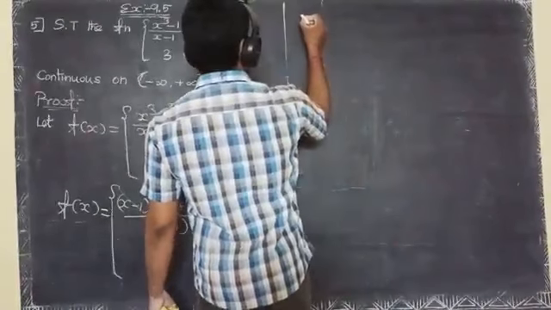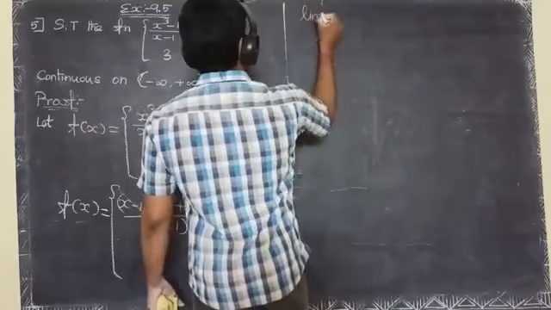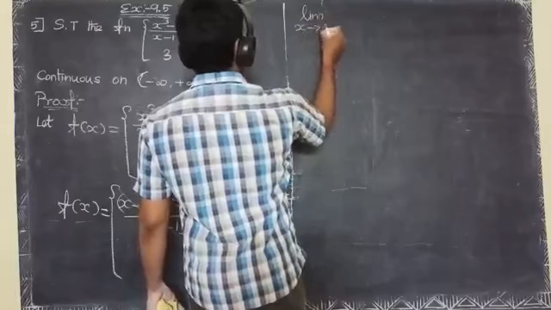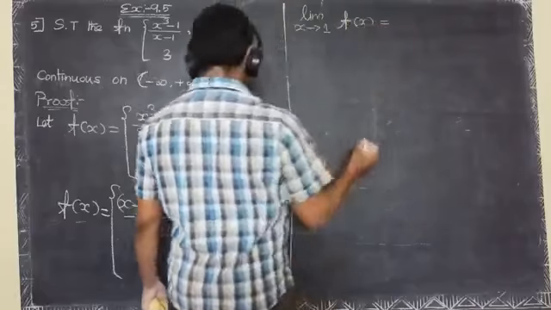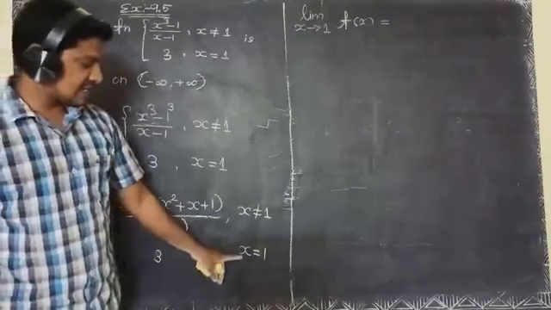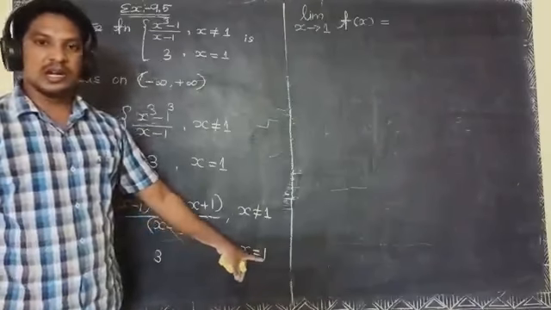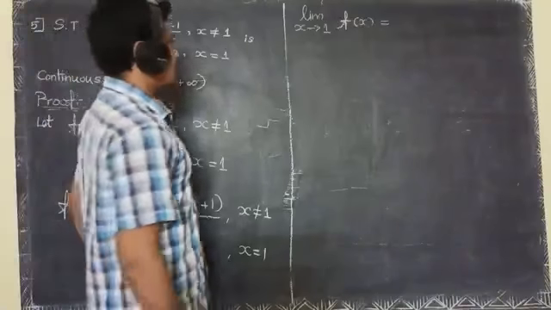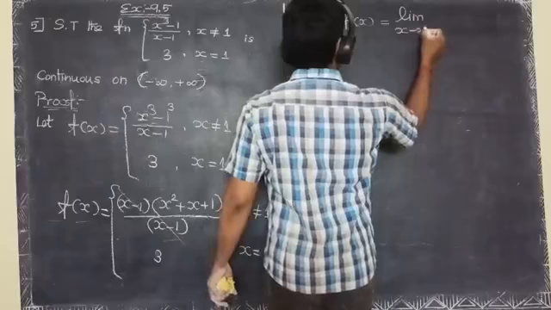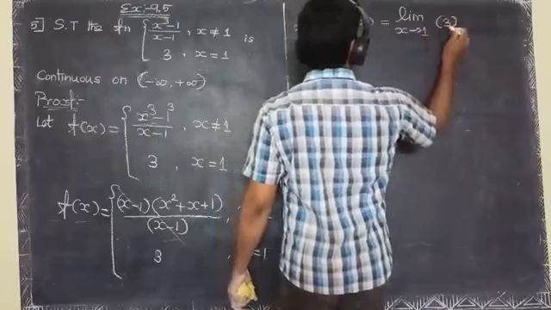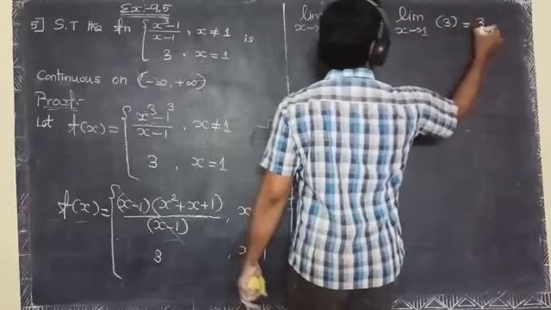Here, to find the limit as x approaches 1, in particular x equal to 1, the function is 3, that is, limit as x approaches 1, the function is the constant 3, which is equal to 3.